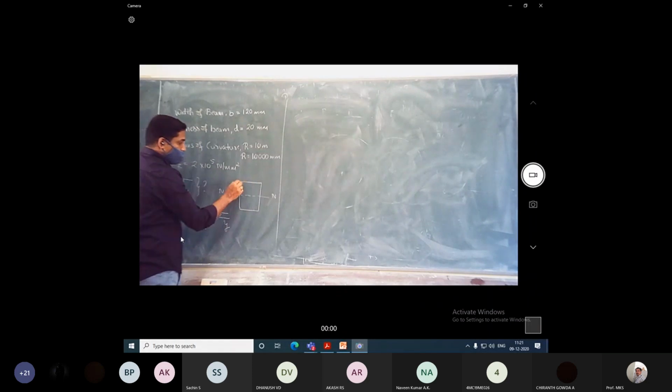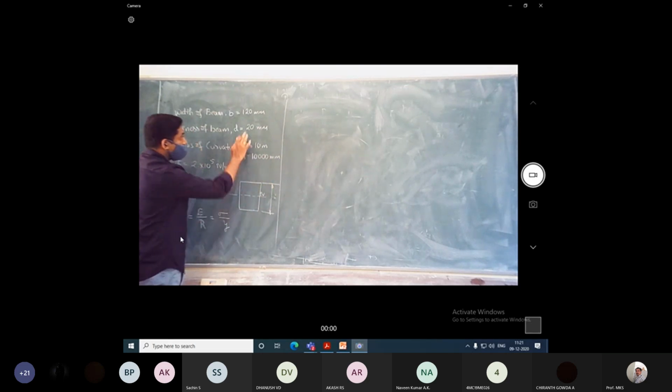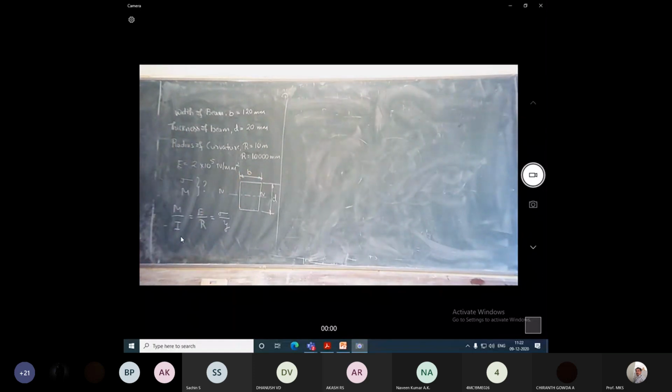Okay. So what is this width? What is this height? This is thickness or depth. So this is the width. Width is b. Right?